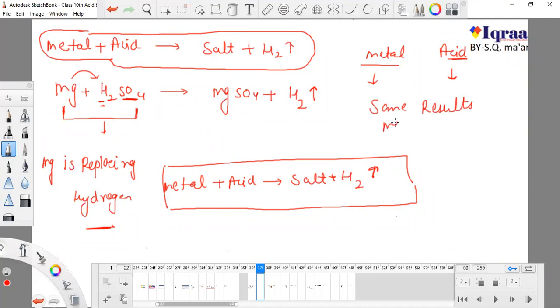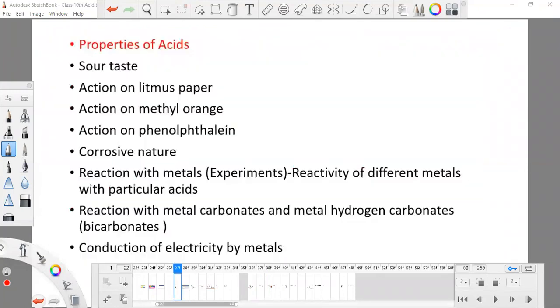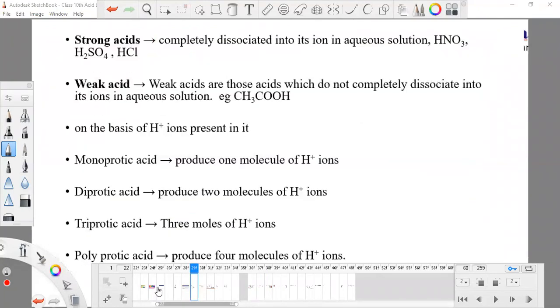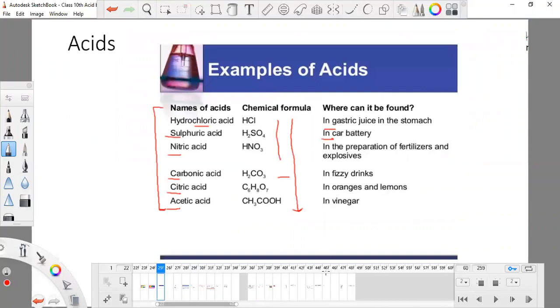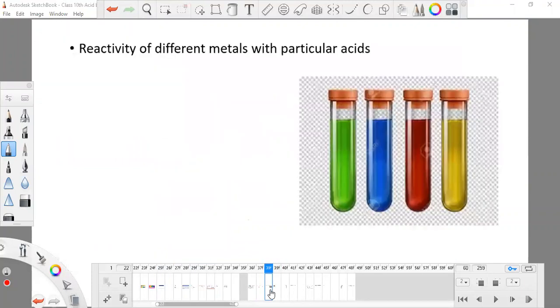Either you take magnesium, or iron, or calcium, or zinc, or in acid, if you take acetic acid, or if you add HCl, or nitric acid, whatever you take, any acid, they will go with the same results. But now there is an exception.